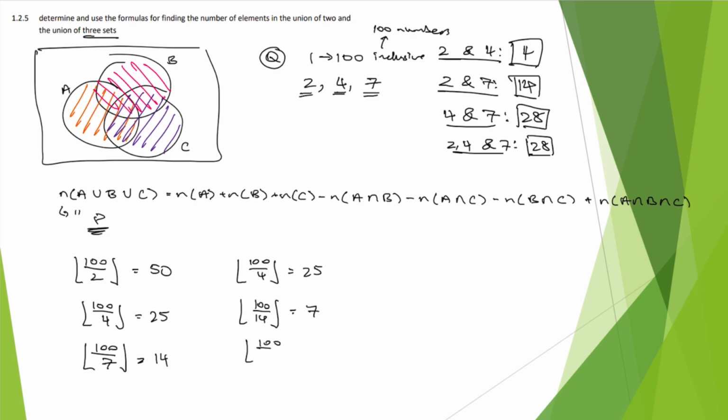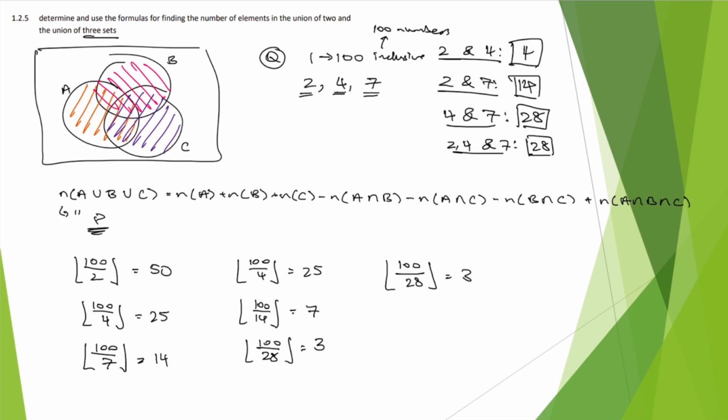Then 100 divided by 28 for the numbers that are divisible by both 4 and 7. 100 divided by 28 is equal to 3.57, etc., etc., because we're finding the floor, 3. Now the numbers that are divisible by all 3 of them is given by 100 divided by 28, the floor of that, which is 3.